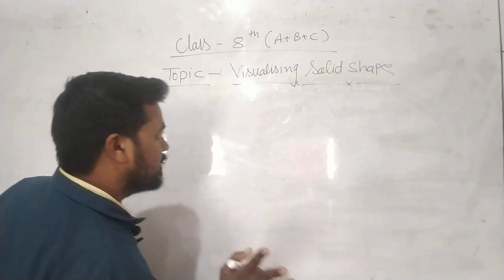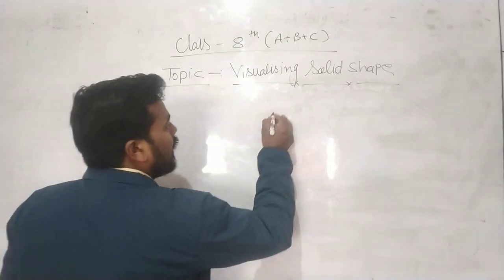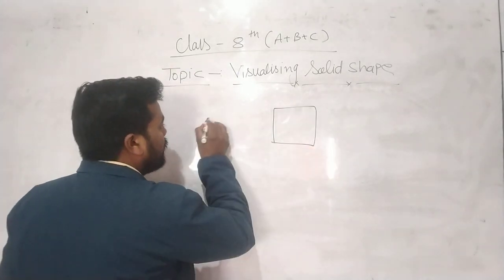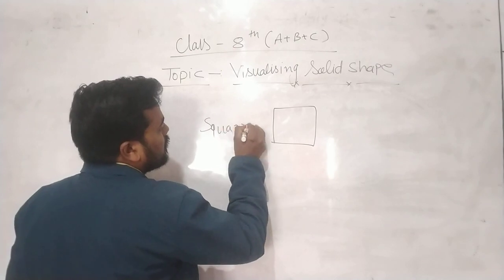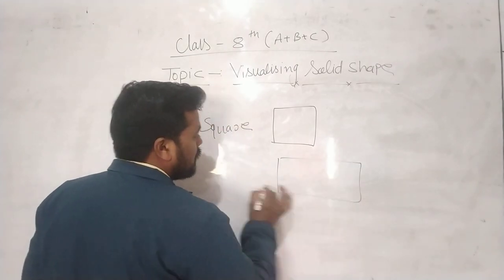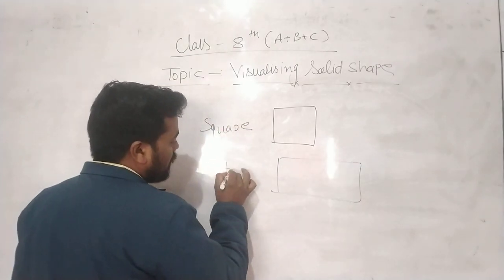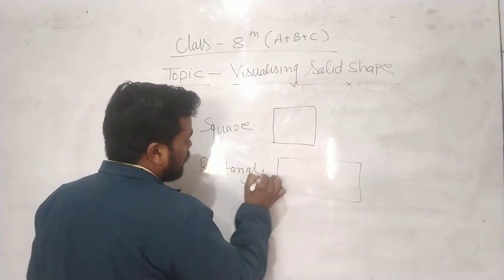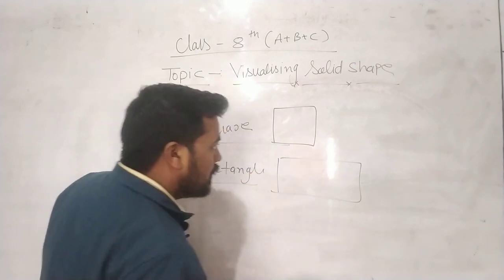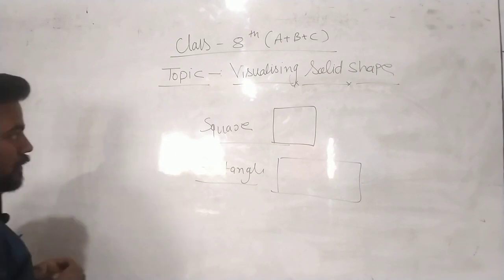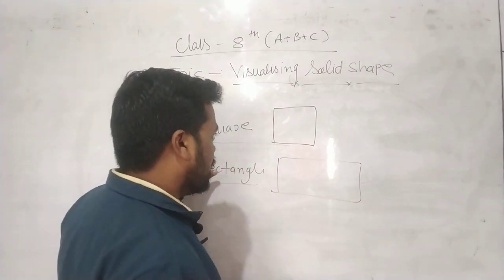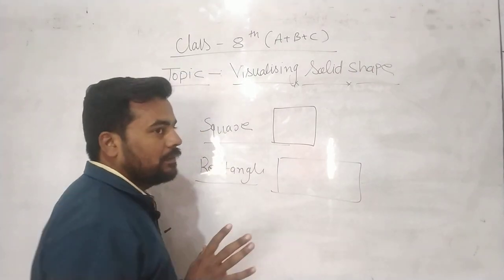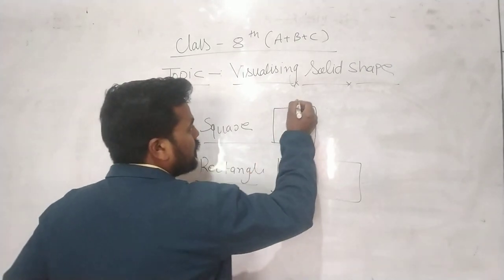Okay, so first we discuss 2D shapes. You know about a square, and you know about a shape known as a rectangle. In these two diagrams, square and rectangle, in a square all sides are equal, it means length and breadth are equal, it means all four sides are equal.